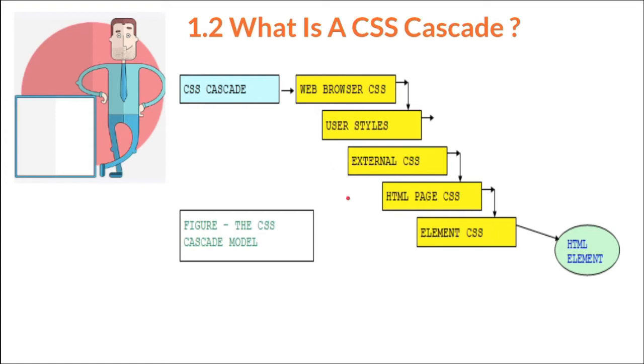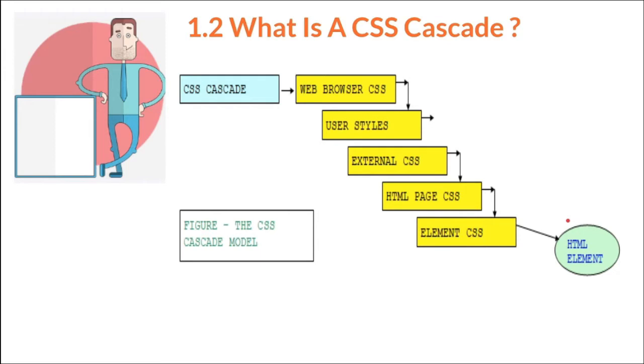Within the web page itself we have the HTML CSS blocks defining style sheets, and finally within the element itself we have the style attribute where we can define more styling rules. Eventually we get to the HTML element itself, and all of the rules above will get applied to it. But if there are any overlapping rules, only the latest rules will be applied.